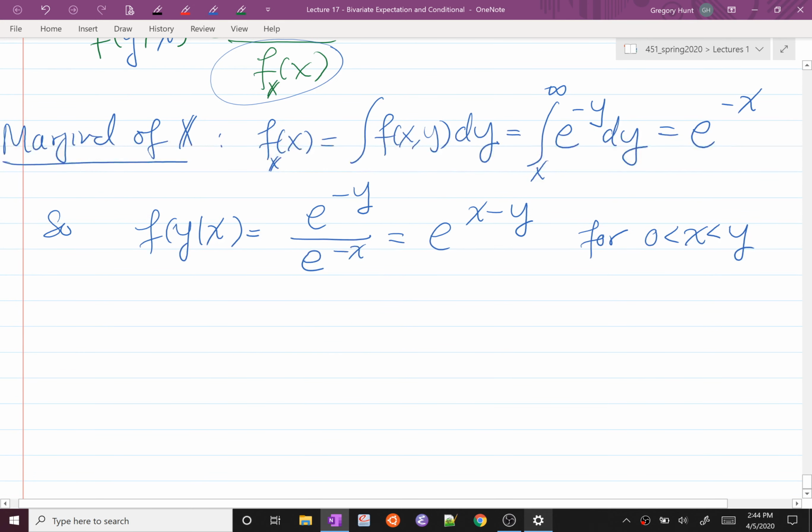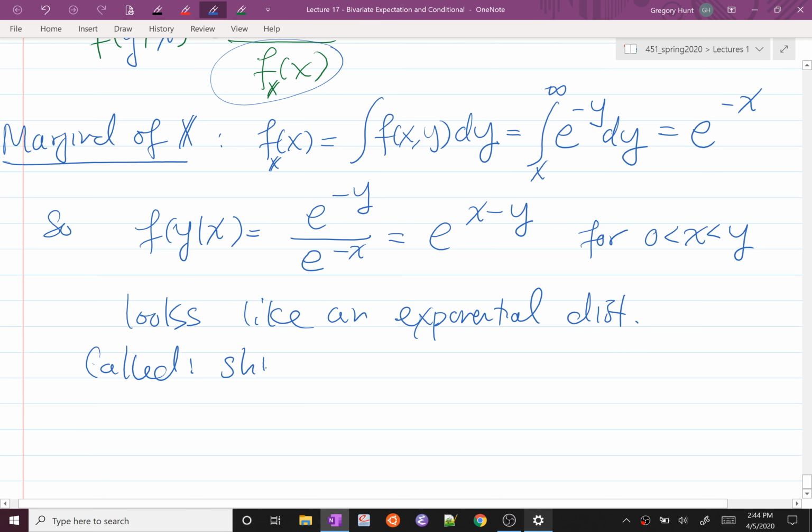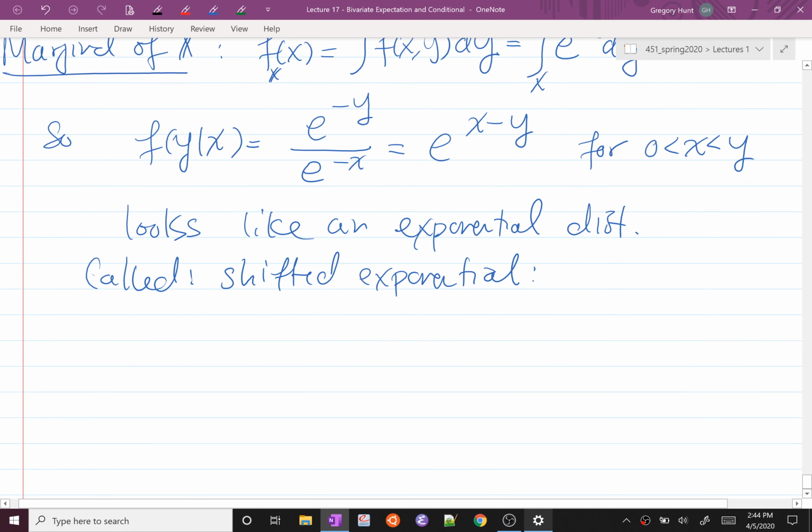This looks like an exponential distribution. The exponential distribution is like e to the negative y, right? And it's called a shifted exponential. And so typically the graph of an exponential, the PDF of an exponential distribution, looks like this.